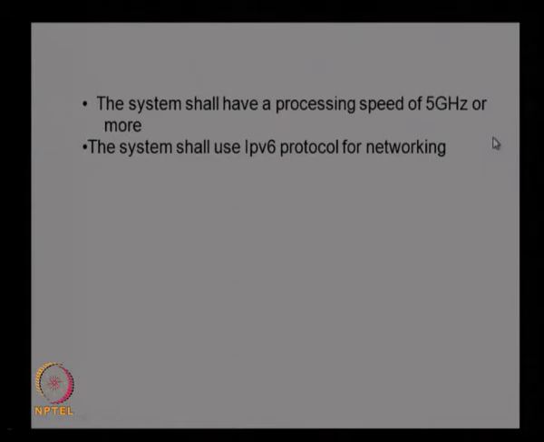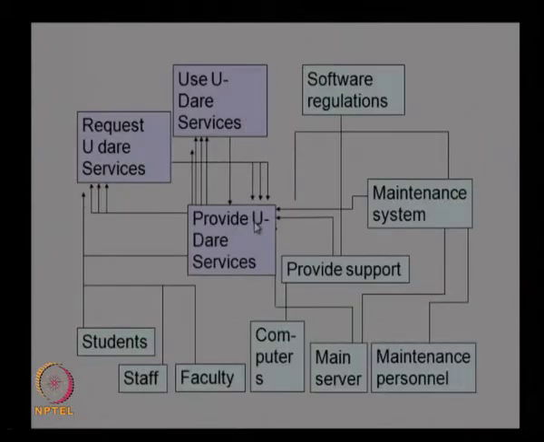We record all these in the originating requirements document, and this gives the external system diagram. You can have various external systems and how they are interacting with the main system. You can see these are the external systems: the students, staff, faculty, then the hardware systems, the server, maintenance personnel, the maintenance system, software regulations, and of course other things like buildings and other infrastructure also will be coming as external systems.